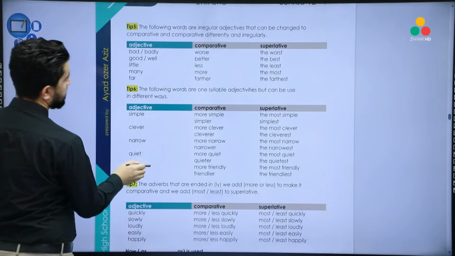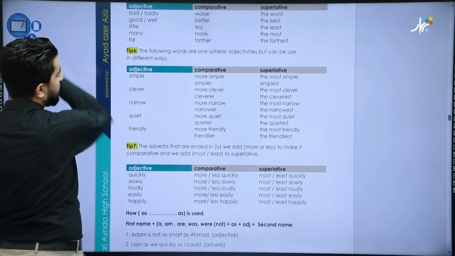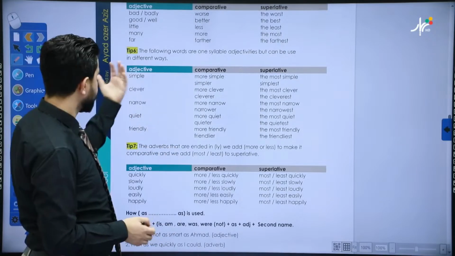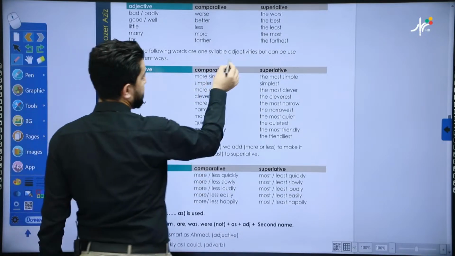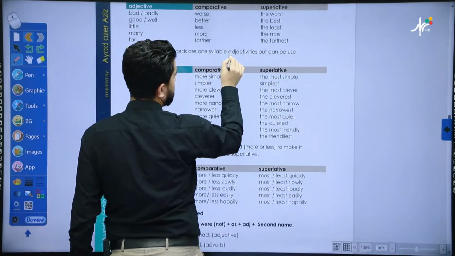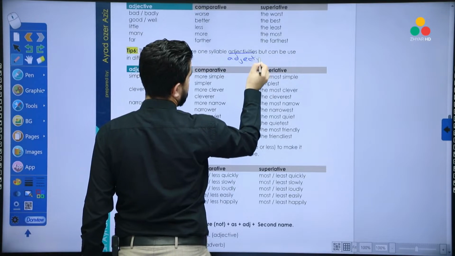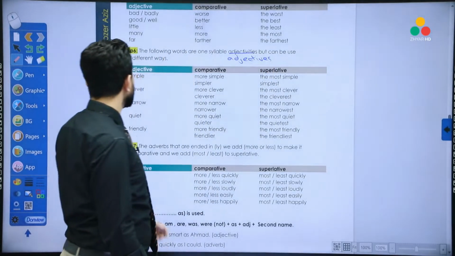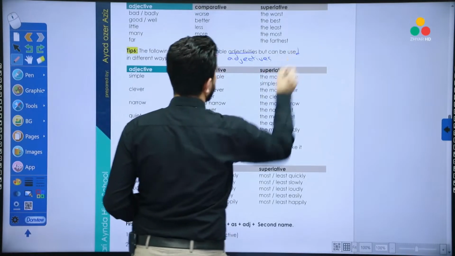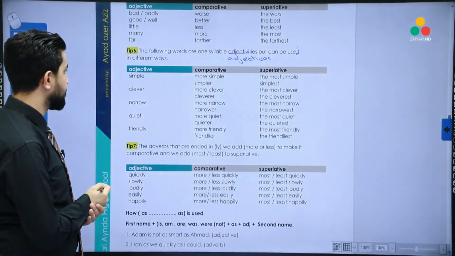Tip number 6. The following words are one-syllable adjectives, okay, adjectives, but can be used in different ways.